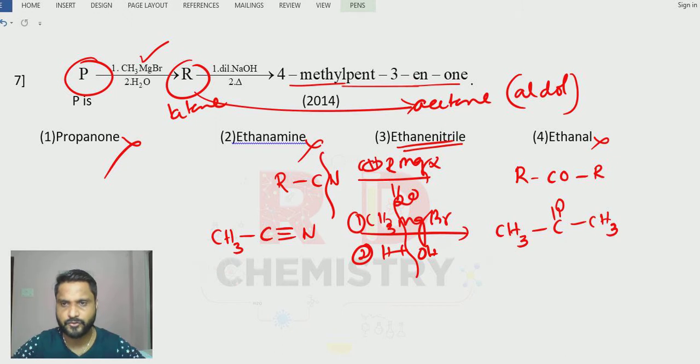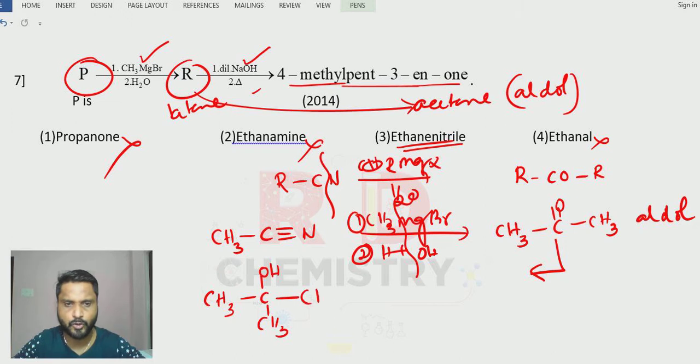Acetone, when subjected to dilute sodium hydroxide and heated, undergoes aldol condensation. The aldol product is CH3-C(OH)(CH3)-CH2-COCH3, with one more acetone molecule.